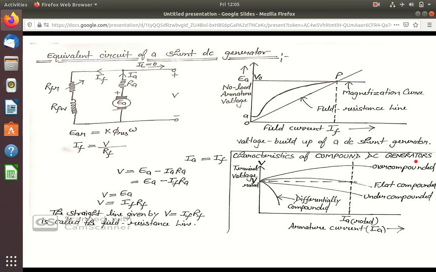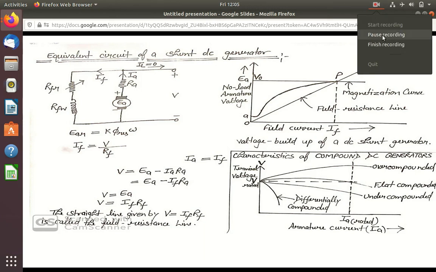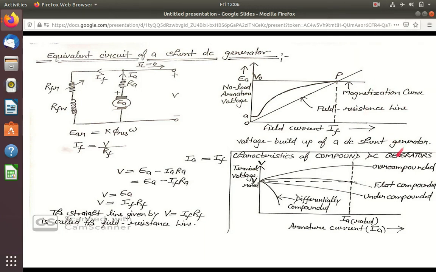For an over compounded generator, the full load terminal voltage is higher than the no load terminal voltage.